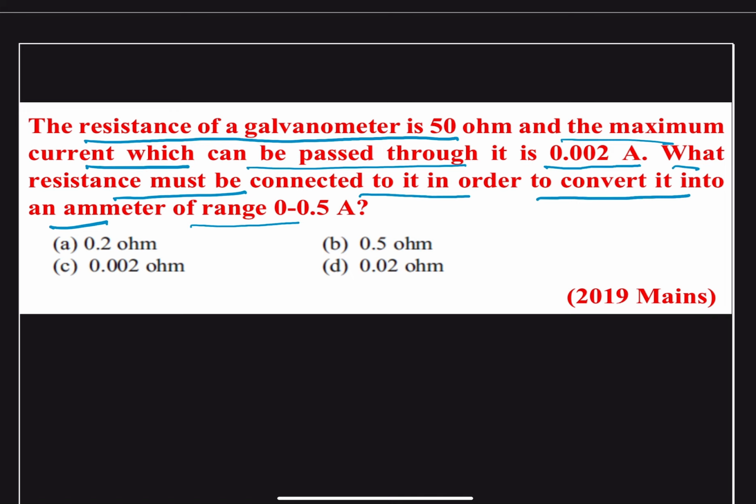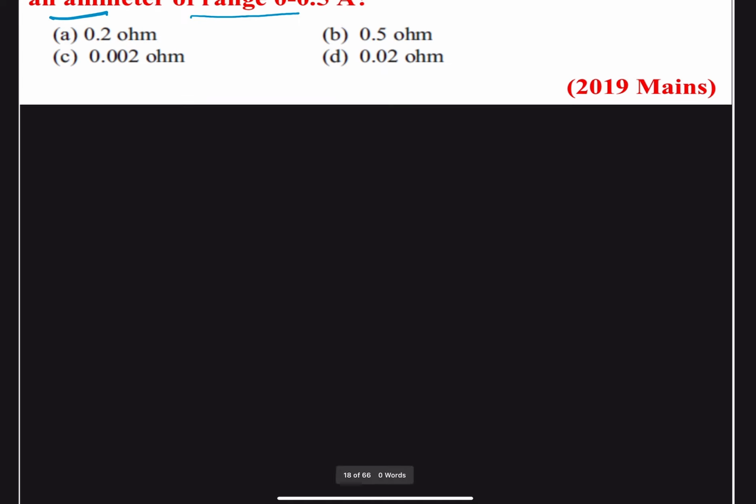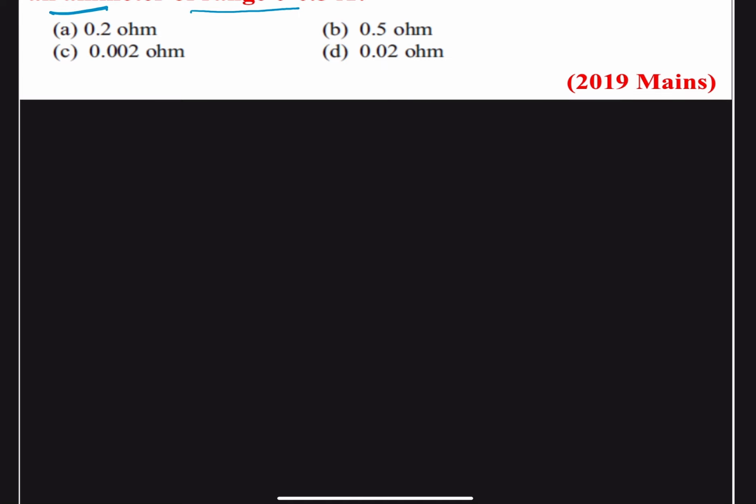It means we have to convert the galvanometer to an ammeter, and for that we have to connect a shunt resistance in parallel to that. So we can draw an approximate figure for that, and if G is the galvanometer and we have to connect a shunt resistance across in parallel, let this be the shunt resistance S. I is the total current, Ig is the current flowing through the galvanometer, and this will be our I minus Ig.